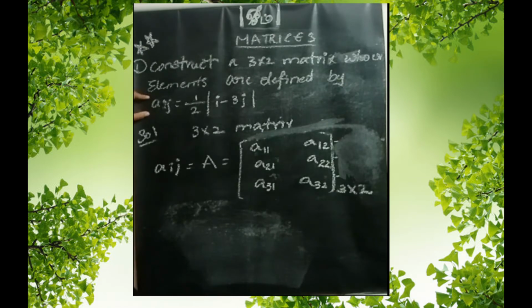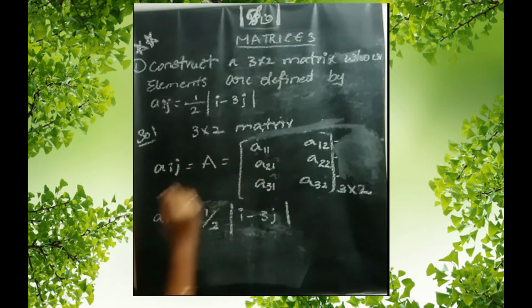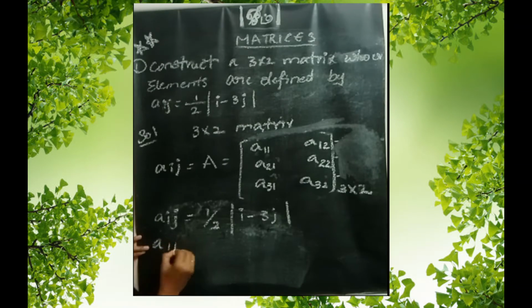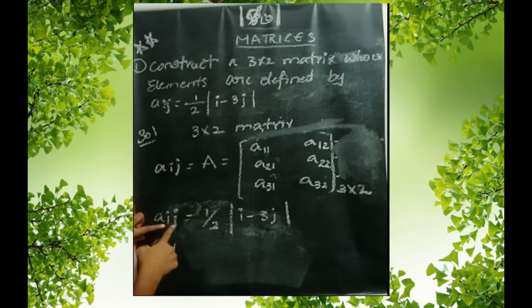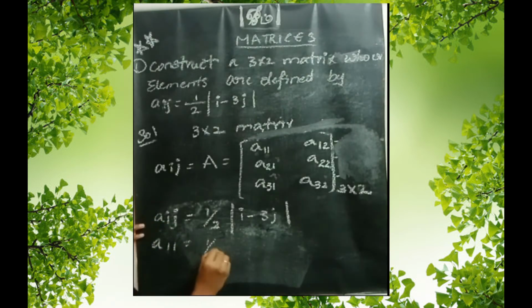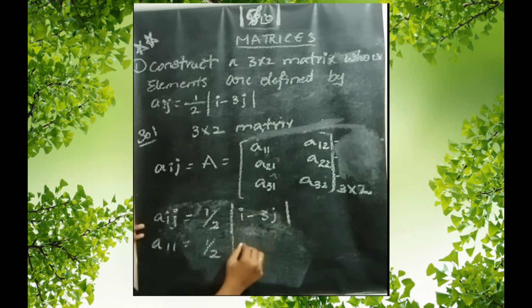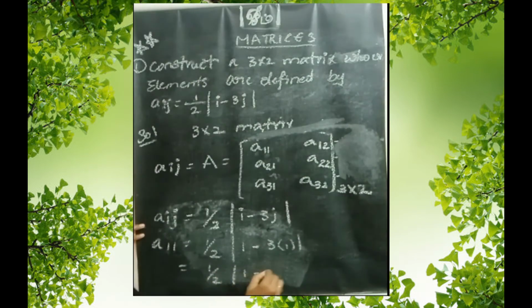Next, what they have given? Some hint they have given. We have to find out the elements by substituting the i, j values. Here, what is the position? A11. Substitute 1 in the place of i and 1 in the place of j. 1 by 2, mod of 1 minus 3 times 1. 1 by 2, mod of 1 minus 3.